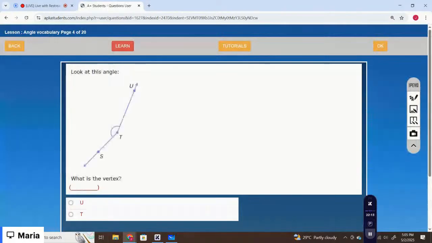Look at this angle. What is the vertex? Which is the correct option? Angle T is the correct option. T is the vertex.